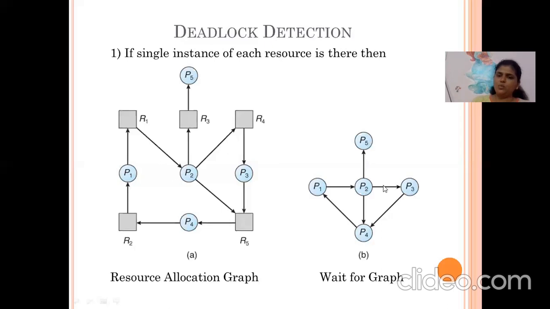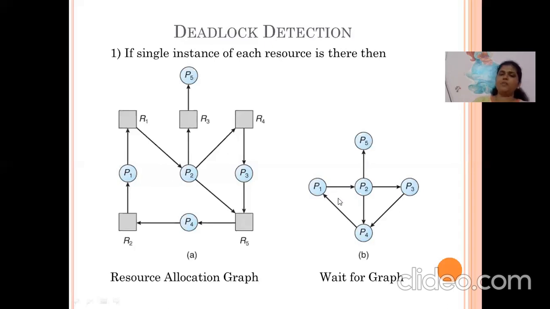See P2, P3, P4, and there is no arrow in this part, so there is no cycle. We will check here: P1 is dependent on P2, which is dependent on P4, and it is dependent on P1 again. So these three processes form a cycle. It means there exists a deadlock in these three because of their dependency.